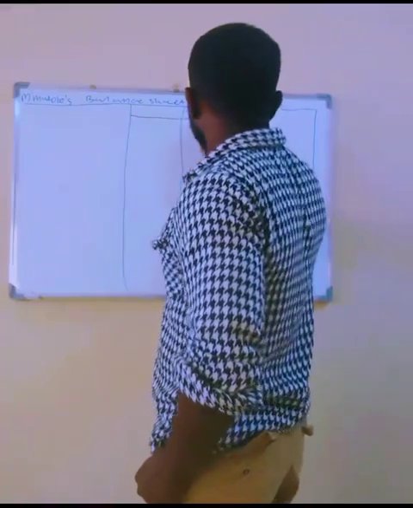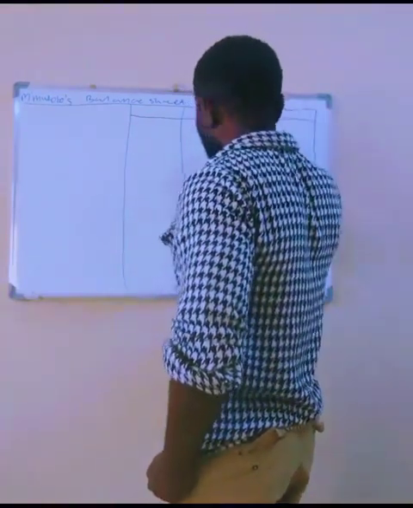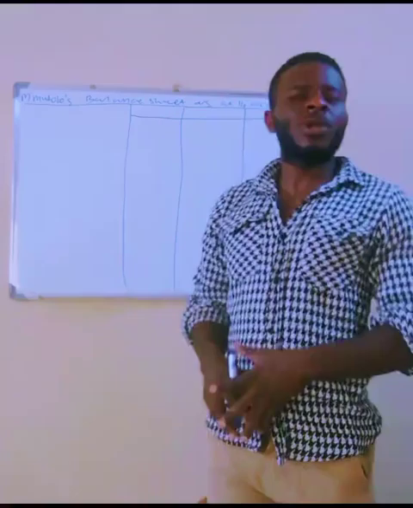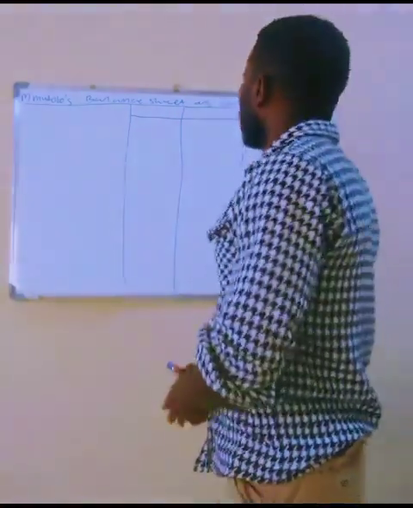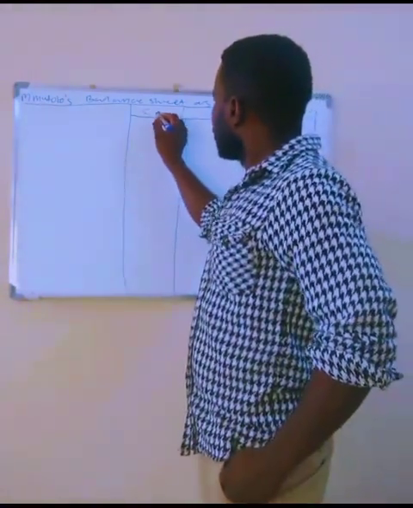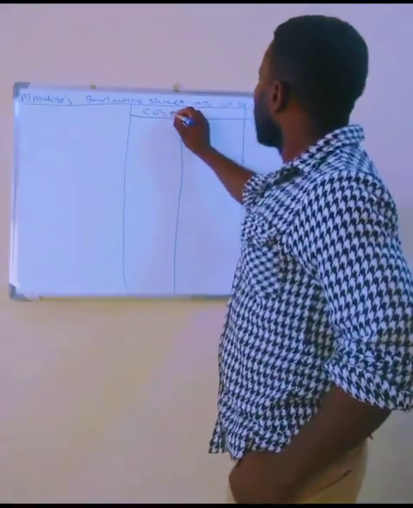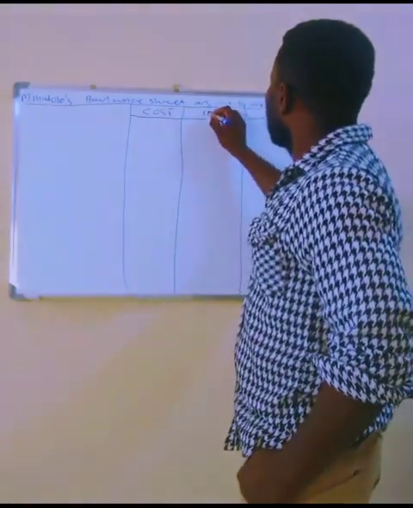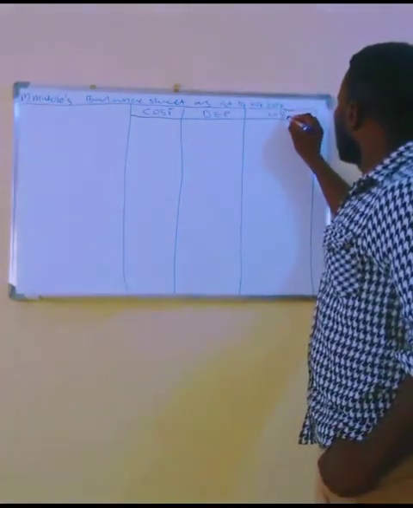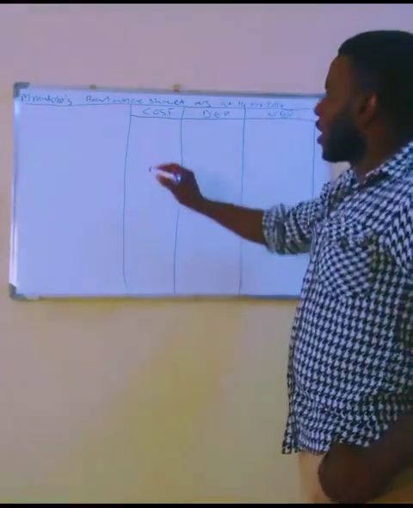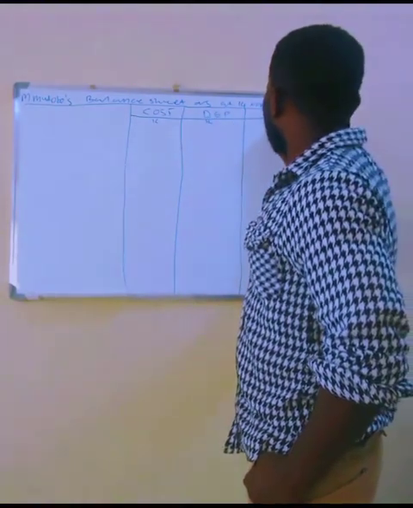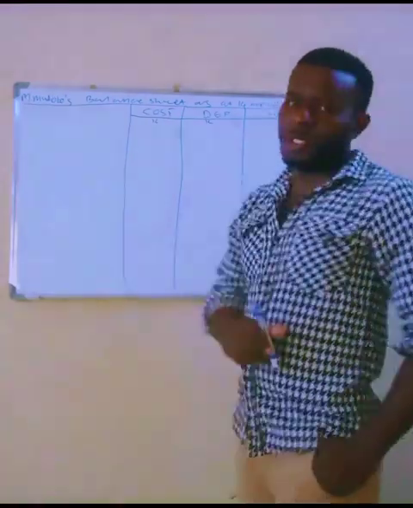I think this is the format I was using back when I was at school, some good 10 years ago. So here we are starting with the cost, the depreciation, and the net book value. And then you put up the currencies depending on the country where you live.